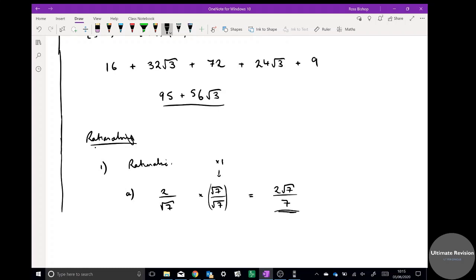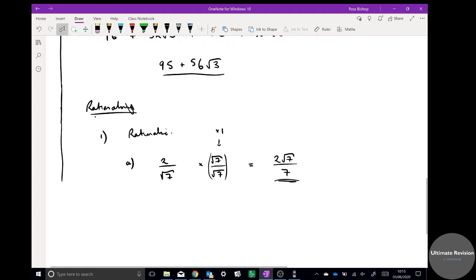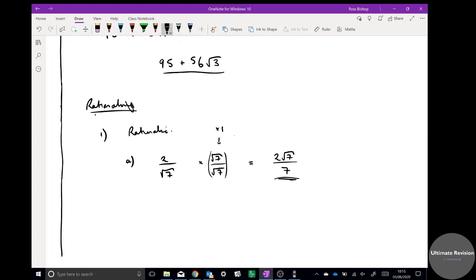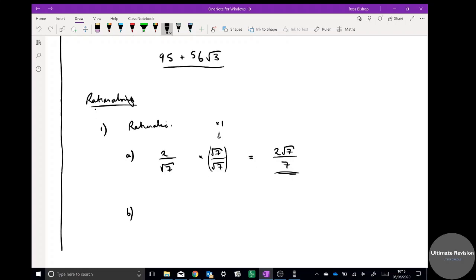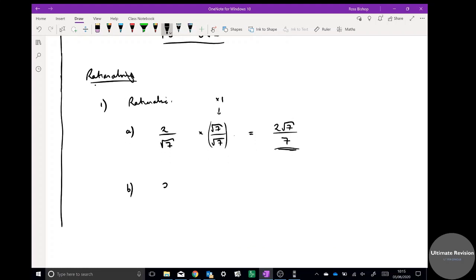Again, there are some advantages of this if you're using computing. So that's the rationale behind it. So if you've got a slightly different case, this is where you've got 2 terms on the bottom. We want to rationalise this. And again, you might want to pause the video, have a think about what you might have to times the bottom by and the top in order to not have a surd on the bottom at all.